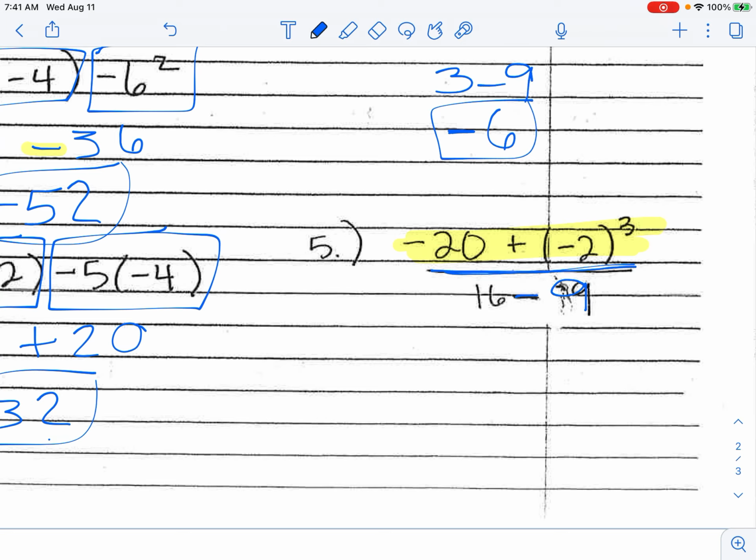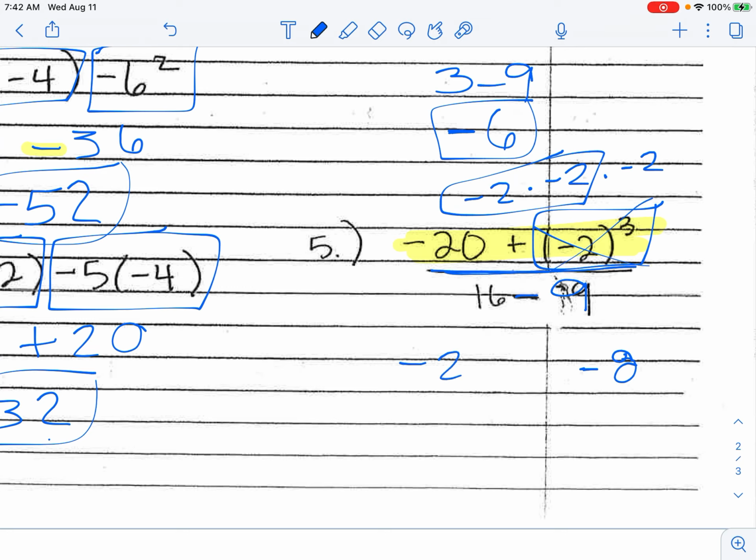Okay, so on the top I have addition and an exponent. So I'm going to focus on my exponent. So negative 2 cubed, if the negative 2 is inside parentheses, that means negative 2 times negative 2 times negative 2. Well, negative 2 times negative 2 is 4, and 4 times negative 2 is negative 8. Okay, so I've just solved that.